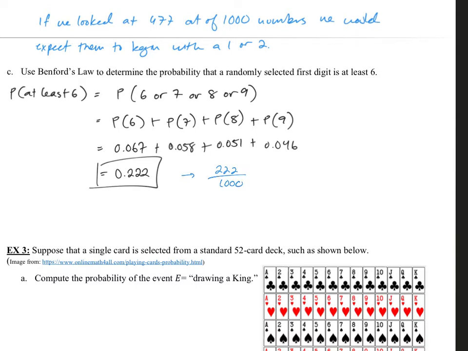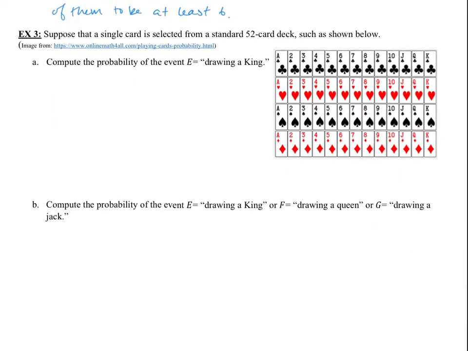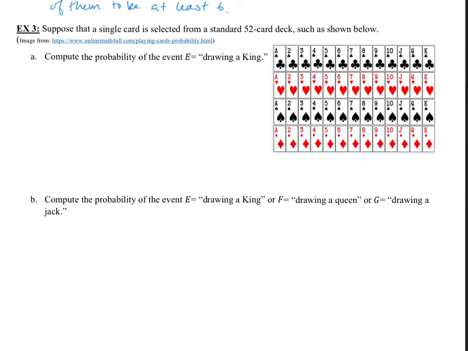So if we looked at 1,000 numbers, we would expect 222 of them to be at least 6. Interesting. Alright, now let's take a look at example 3.